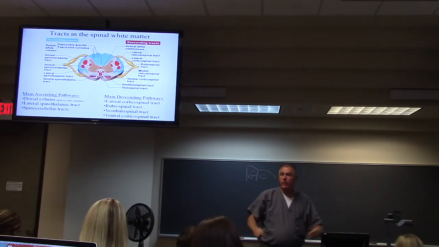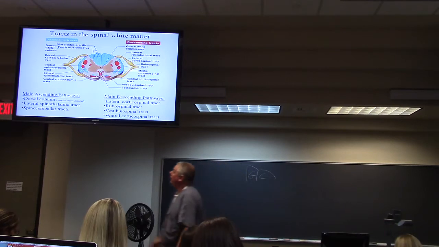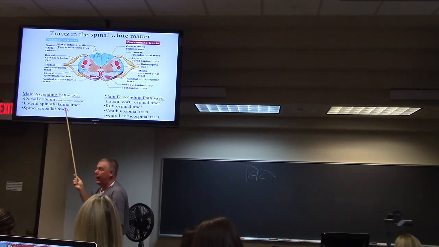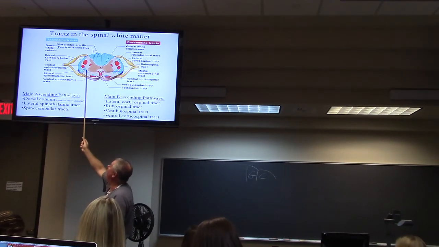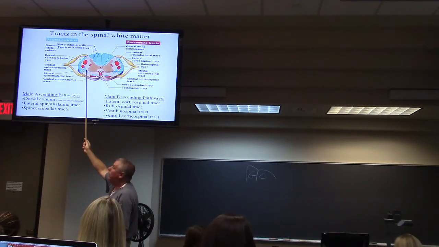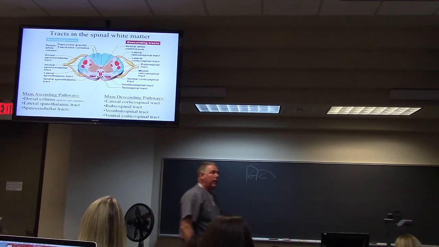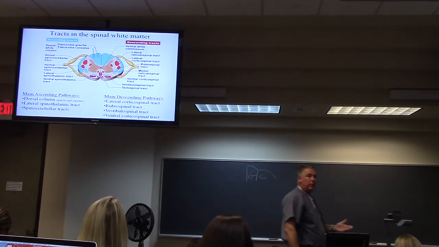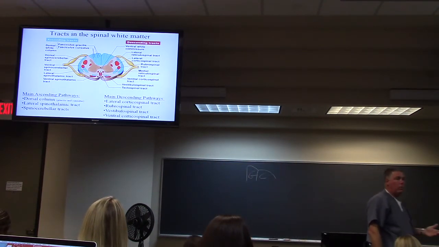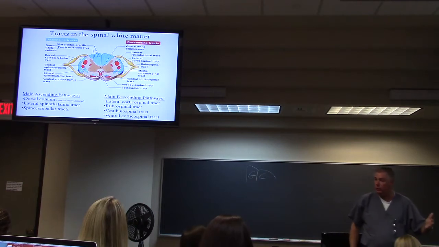Which one's which? Okay? The lateral spinothalamic tract is out here in the lateral funiculus. The lateral spinothalamic tract is an ascending tract that carries pain and temperature. We'll go into the exact circuitry later on.